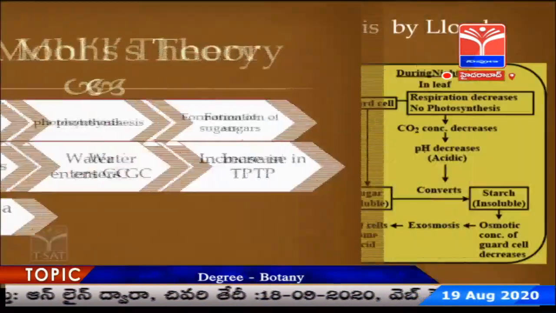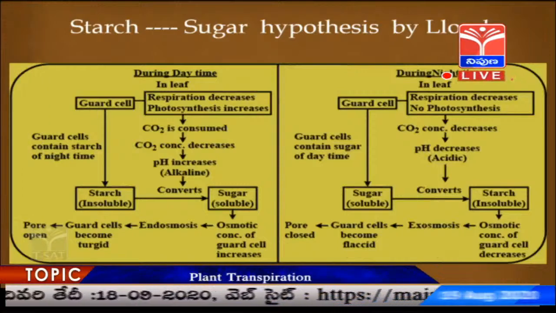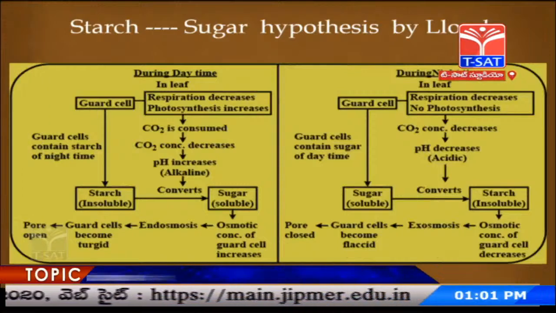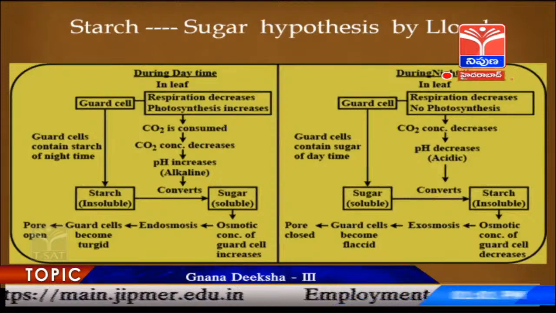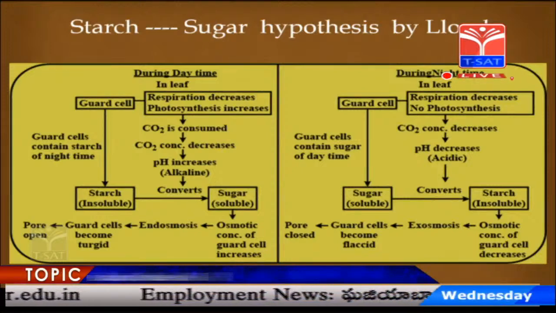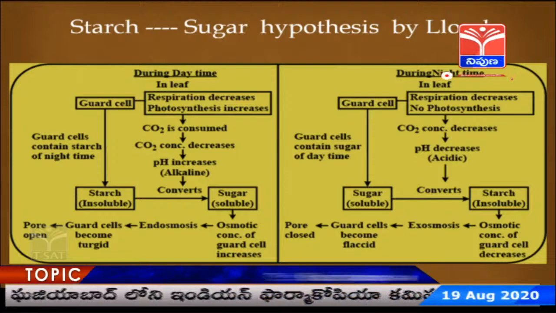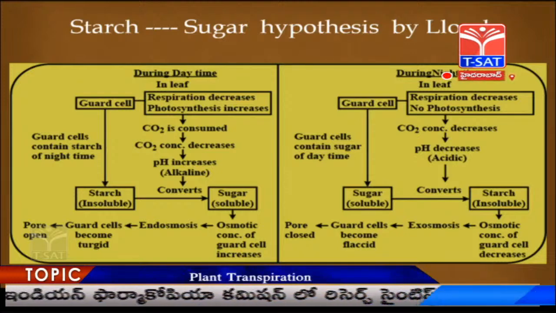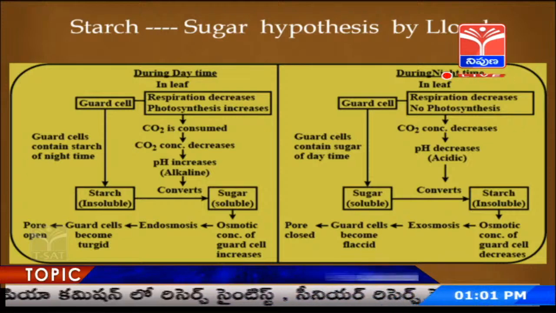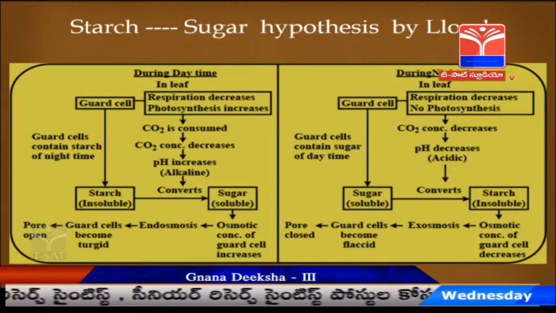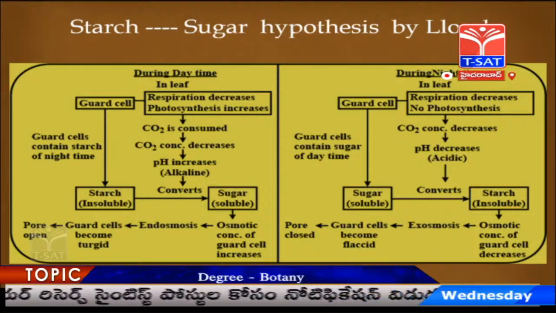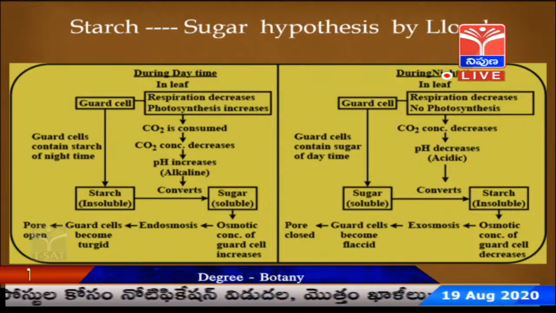Now, let us look into the next theory, the sugar starch hypothesis by Lloyd. According to Lloyd, the guard cells have starch stored in them during night time, and during daytime these guard cells break it down into sugars. Once the sugars are produced, the same thing we discussed in von Mohl's theory occurs.